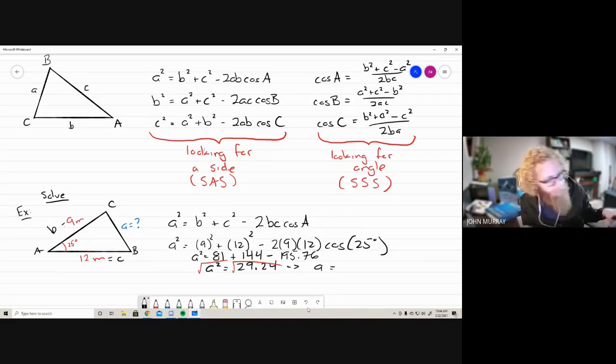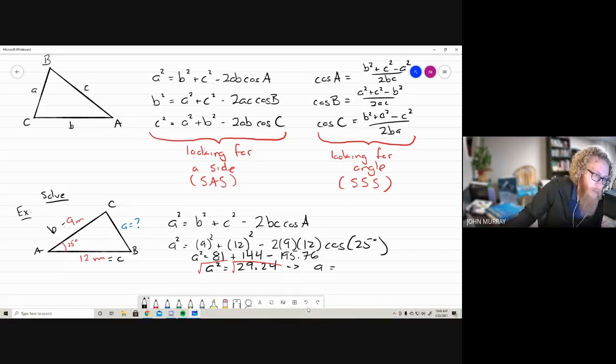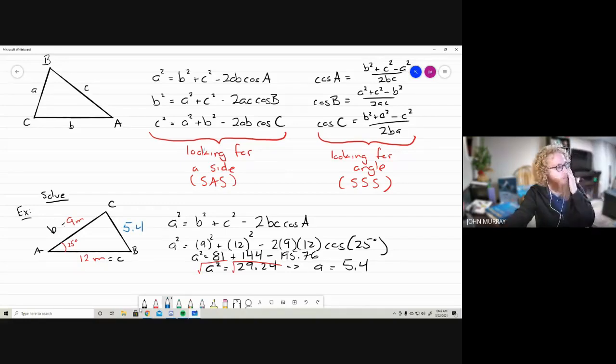So I'm going to take the square root of 29.24, and I get A is about 5.4. All right, so we found the third side of our triangle.